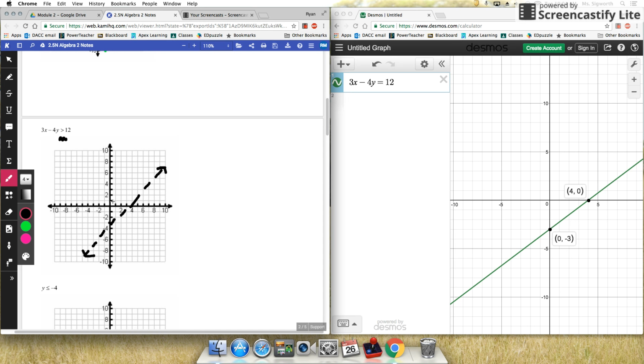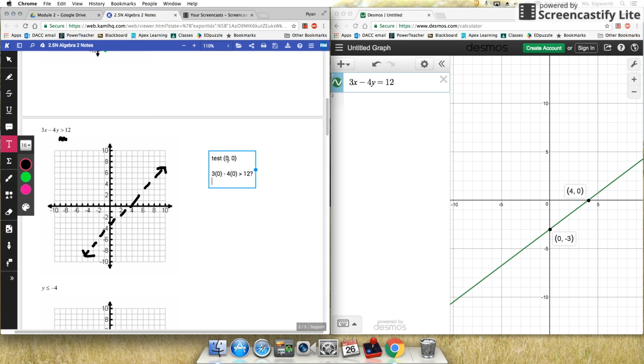Now I need to determine which side my solutions lie on. So let's test 0, 0 again. Let's plug that in. 3 times 0 minus 4 times 0, is that greater than 12?